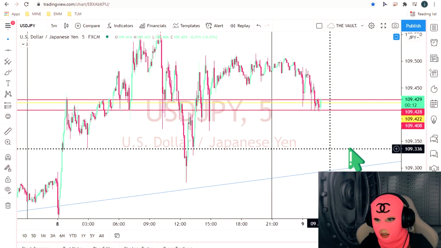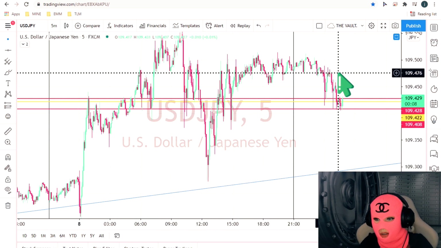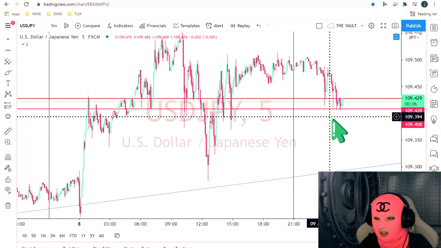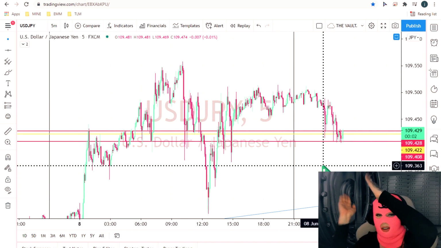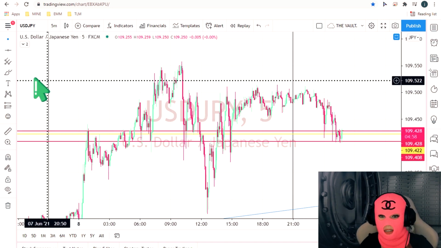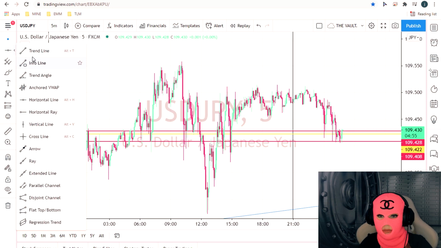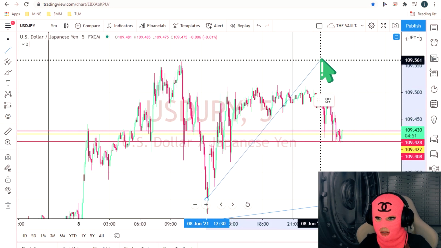Because it's been testing this last bottom trend line for a while and it's going upward, it's pretty much just trading sideways. If it's ascending, which is an uptrend, you would look for more of a steep incline, say something like this. And these bottoms, upward.